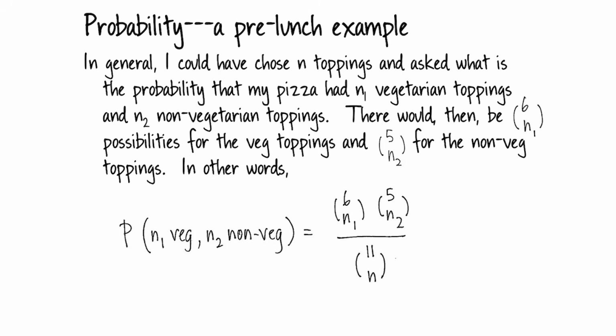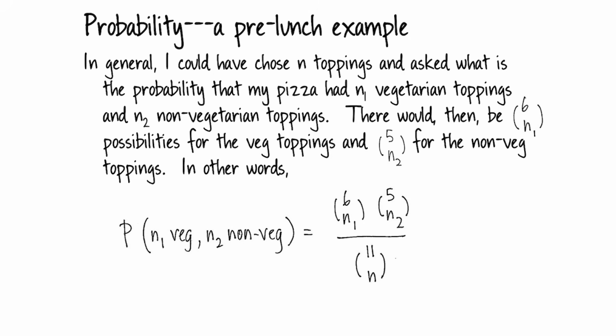And note that there would be 6 choose n1 possibilities for the vegetarian topping, and there would be 5 choose n2 possibilities for the non-vegetarian topping. So we multiply those 2 together in the numerator to count the number of outcomes in the experiment that satisfy our event.